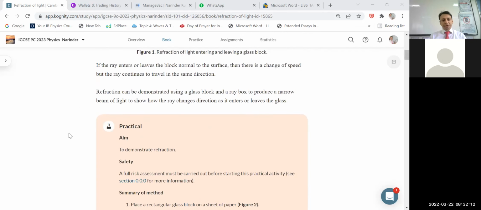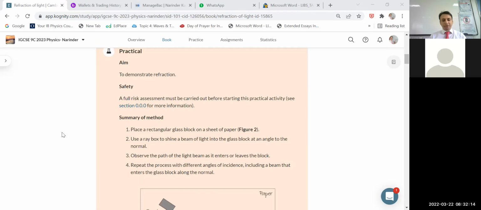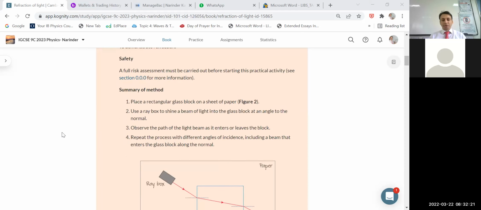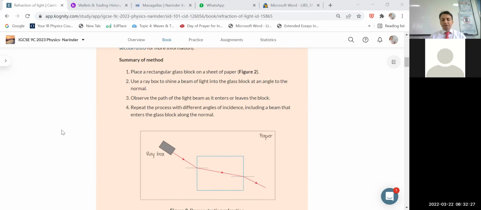The same activity you can also try to perform at home, children. You need a rectangular glass block, and you need a laser light. Try to strike the laser light on one face of the glass, and then you can see.